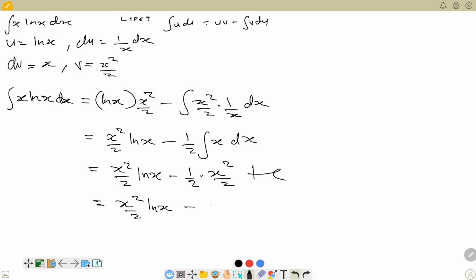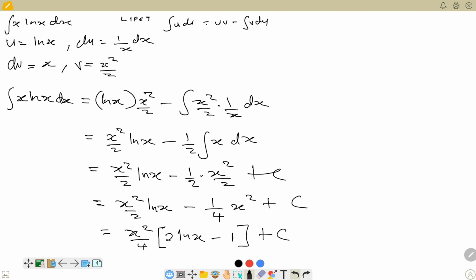We can simplify to have minus 1 over 4 x squared plus c. Or if we want, we can factor out x to the power 2 over 4, then we have 2 ln x minus 1, plus c.